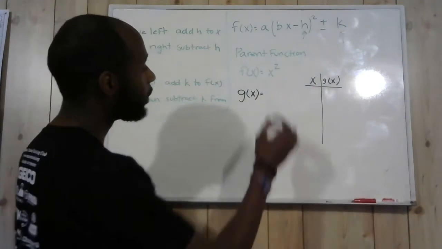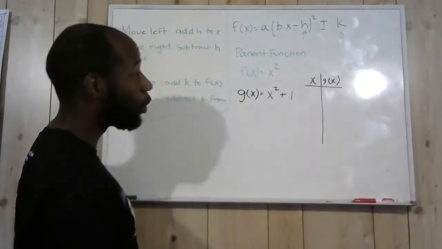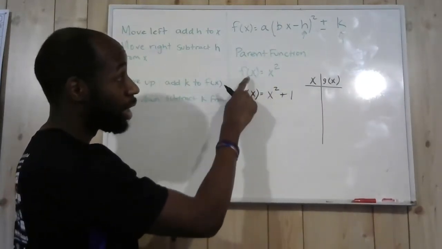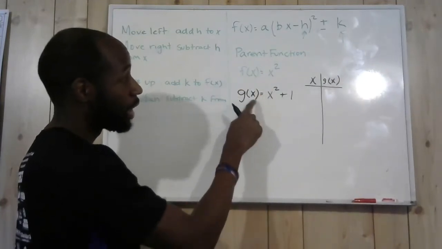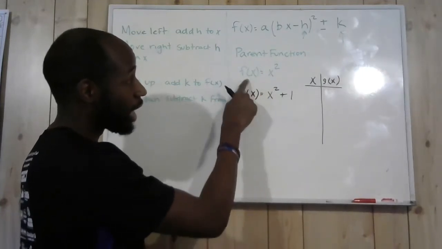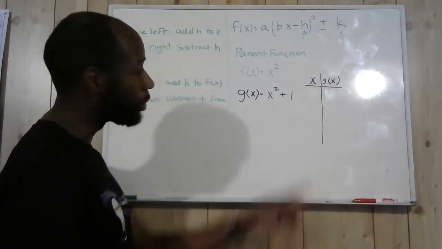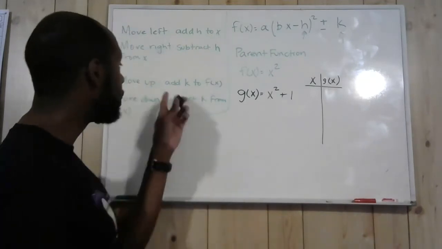All right, so say that g of x was equal to x squared plus 1. So now we're not adding to the x, we're adding to the function. So f of x equals x squared, g of x is essentially f of x plus 1, x squared plus 1, okay? Let's see what values we get, and then we'll plot it and see if it indeed moves.